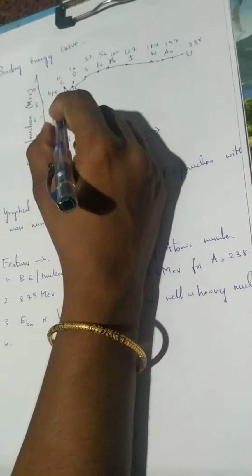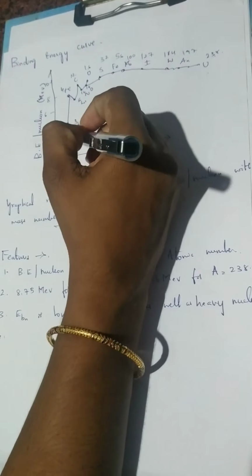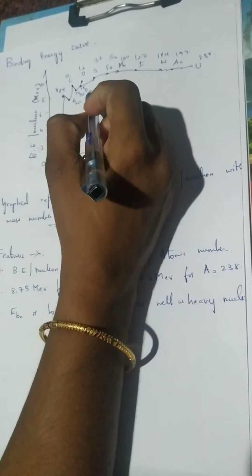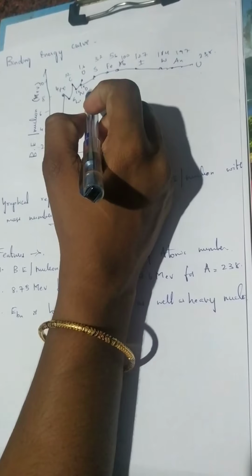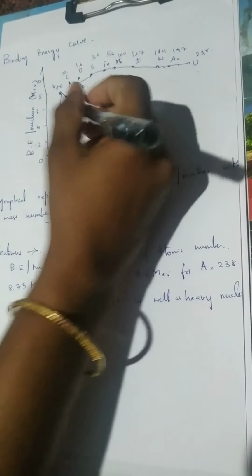The next is sharp peaks of binding energy. You can see here sharp peaks of binding energy per nucleon ranging from 2 to 20, okay, up to here. This indicates these nuclei are relatively more stable than other nuclei in their neighborhood.